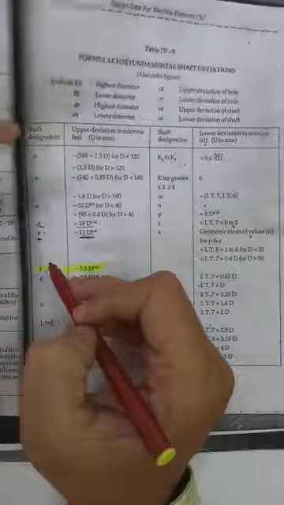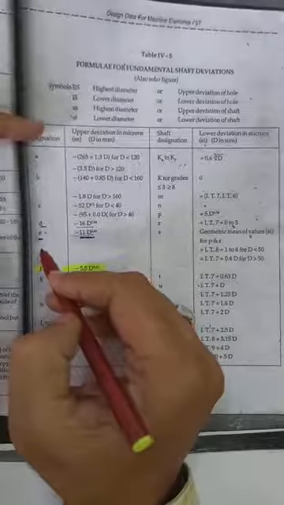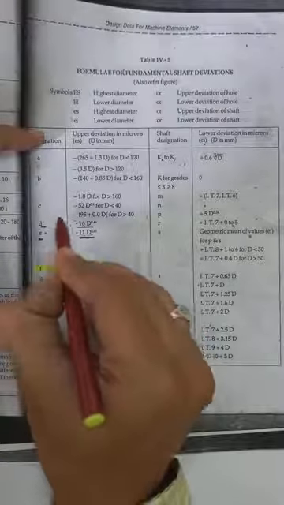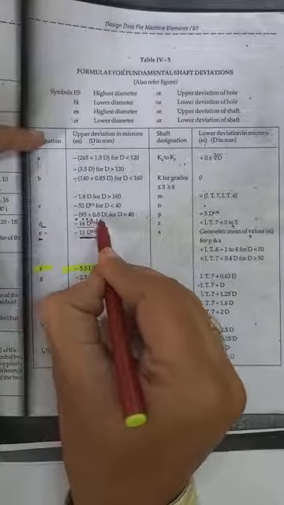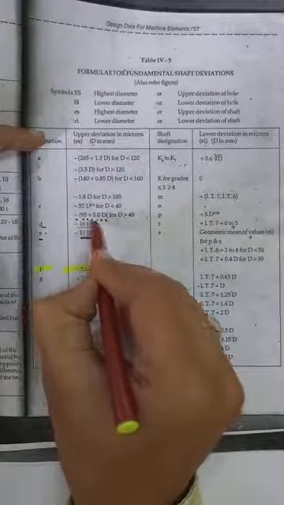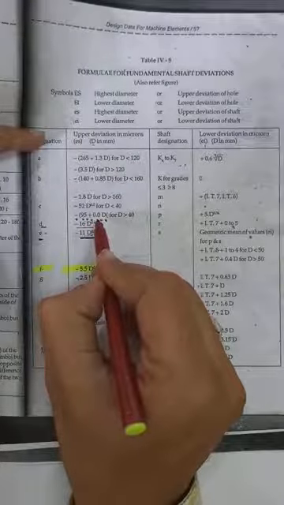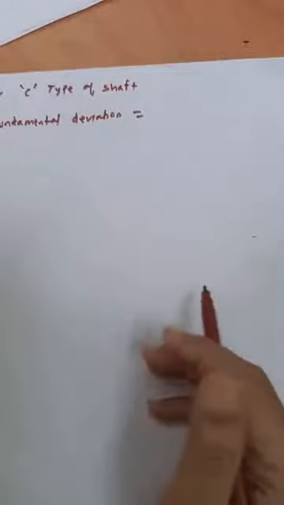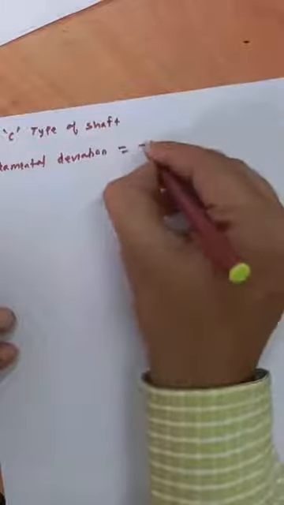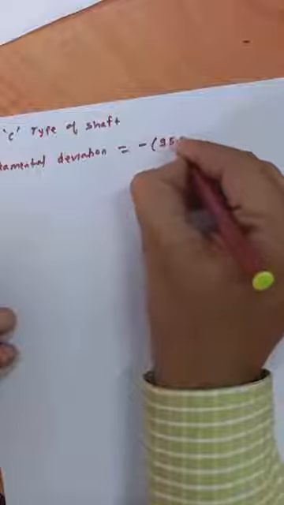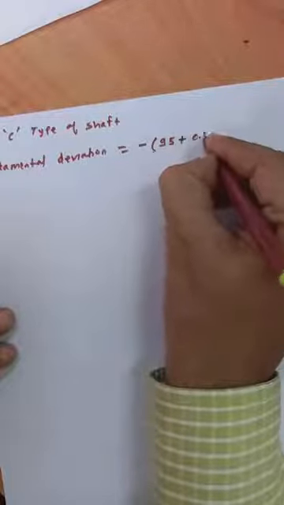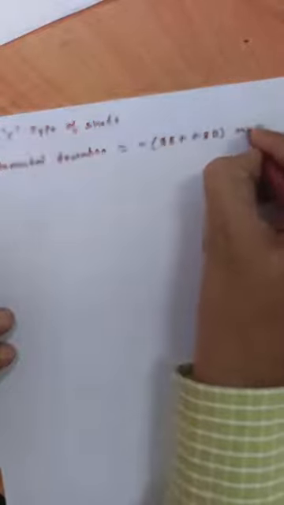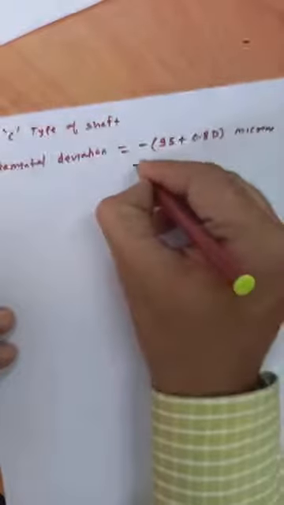So for C type of shaft, the fundamental deviation is minus 95 plus 0.8 D. From this table the formula is minus 95 plus 0.8 D. It comes in microns, so put the values.